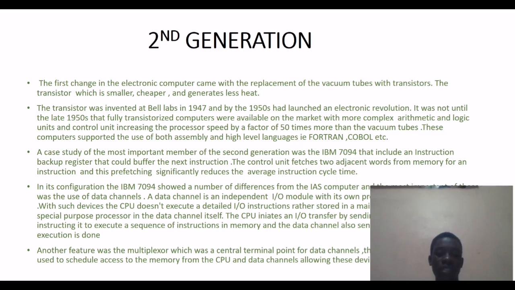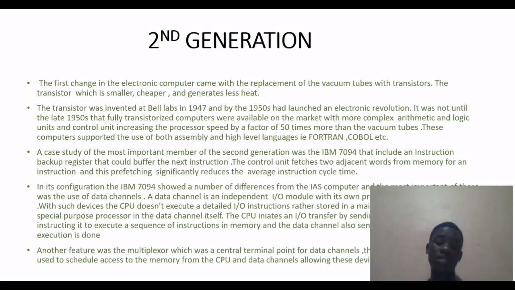With such devices, the CPU doesn't execute detailed input-output instructions, but rather stores the instructions in memory that are to be executed by a special purpose processor in the data channel itself.